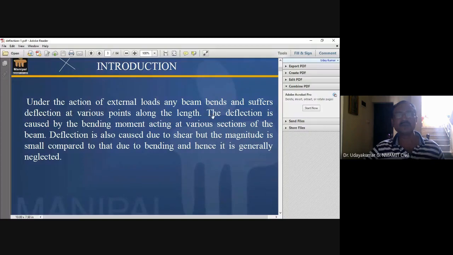Now, under the action of external loads, any beam bends and suffers deflection at various points along the length. The deflection is caused by the bending moment acting at various sections of the beam. This I told you. Deflection is also caused due to shear, but its magnitude is very small compared to bending, hence the effect of shear force is neglected. So only the effect of bending moment is considered.